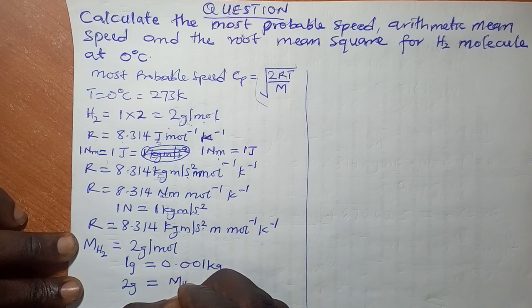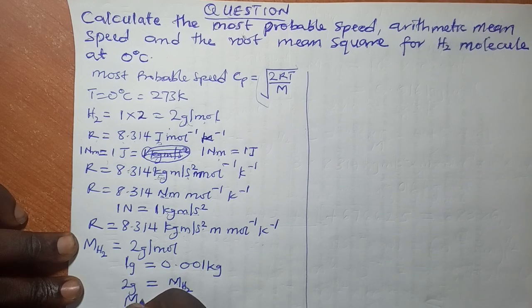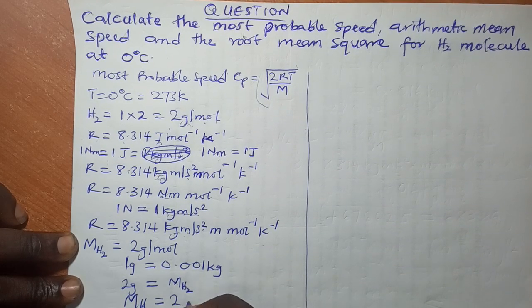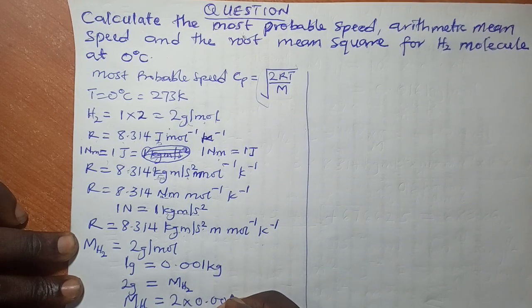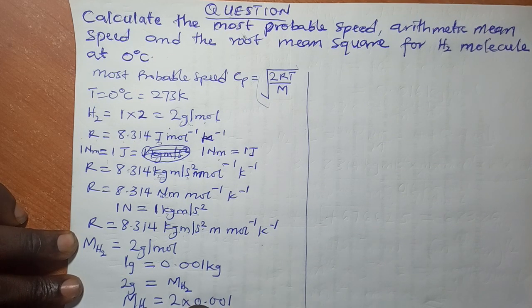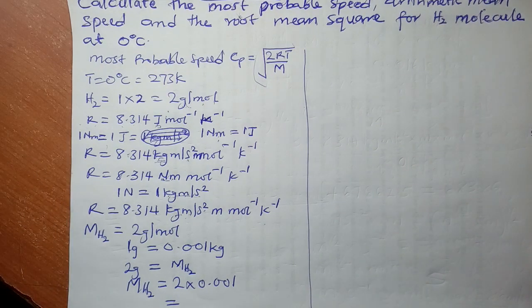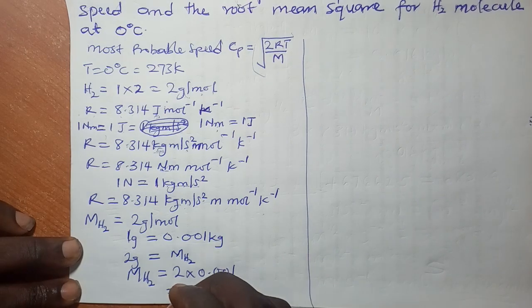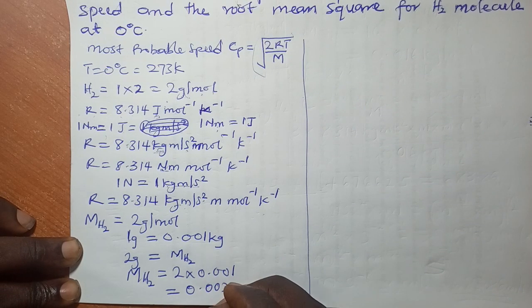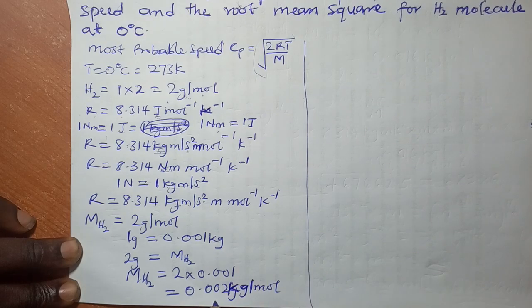So having known that, I will now say 2 gram will be equal to the molecular weight of hydrogen, which I will calculate by cross multiplying: molecular weight of hydrogen is equal to 2 times 0.001, which will be 0.002 kilogram per mole.